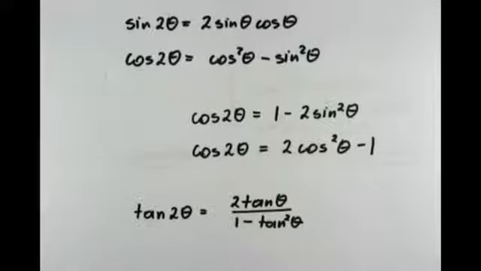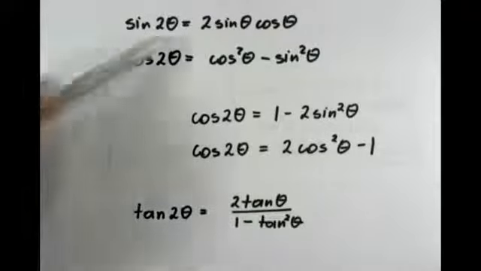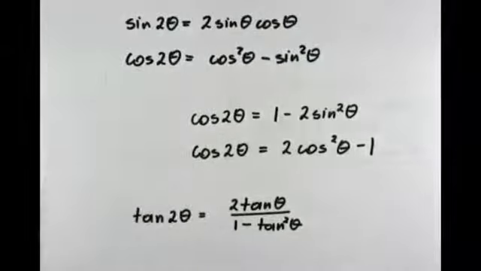Okay, now we would like to talk about half angle formulae. So those are the basic double angle formulae. They call it double angle, since the angle is doubled. Now we would like to talk about half angle formulae.